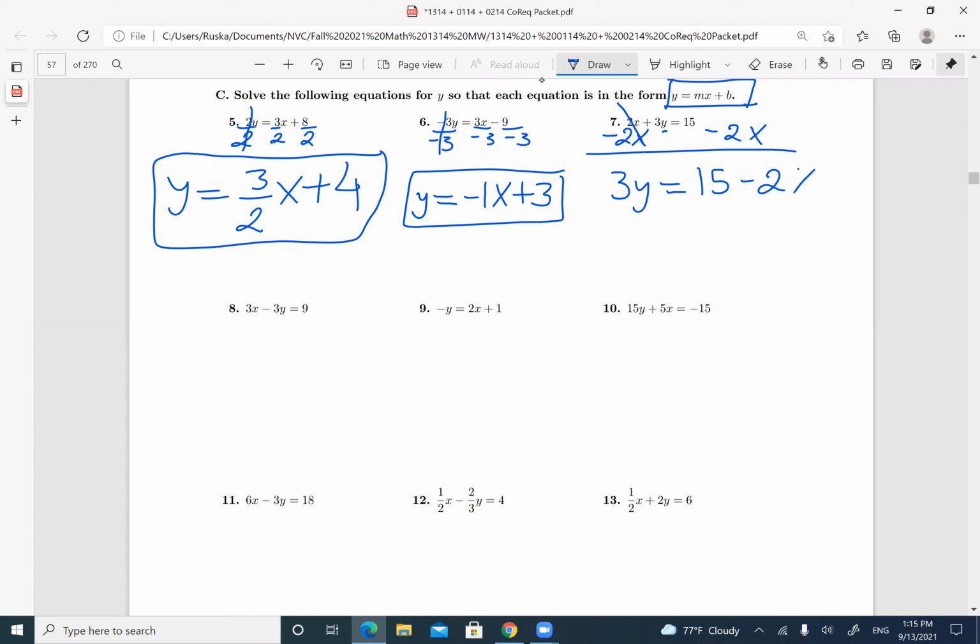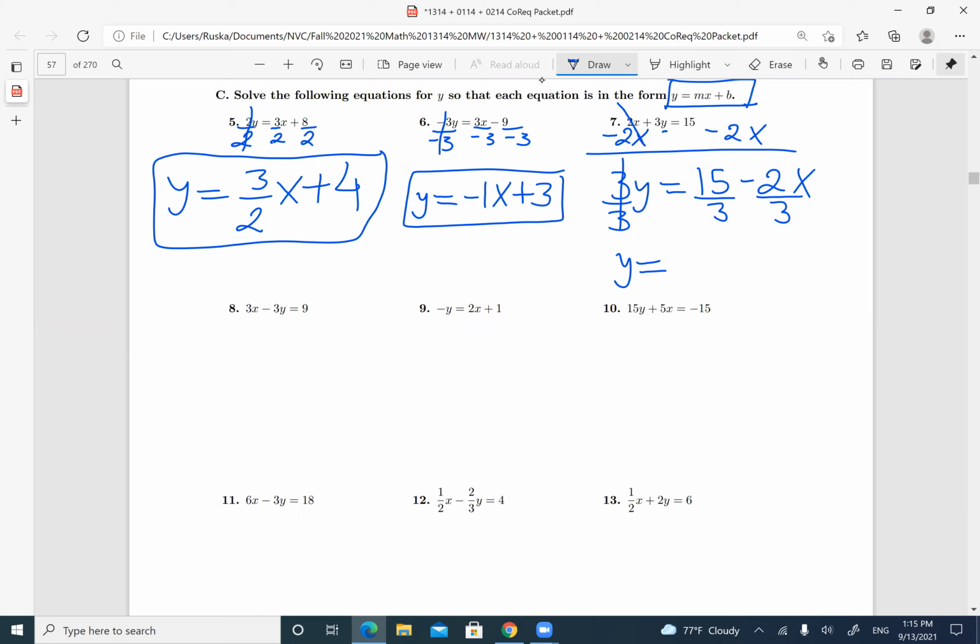We're not combining 15 and 2, we're just leaving it like 15 minus 2x, because 15 is only a number and -2 is connected with x. So we're going to divide both sides by 3, because 3 divided by 3 is 1y. That's what you want to get. And again, you divide everything by 3. So we're going to get 5 minus 2 over 3 x.